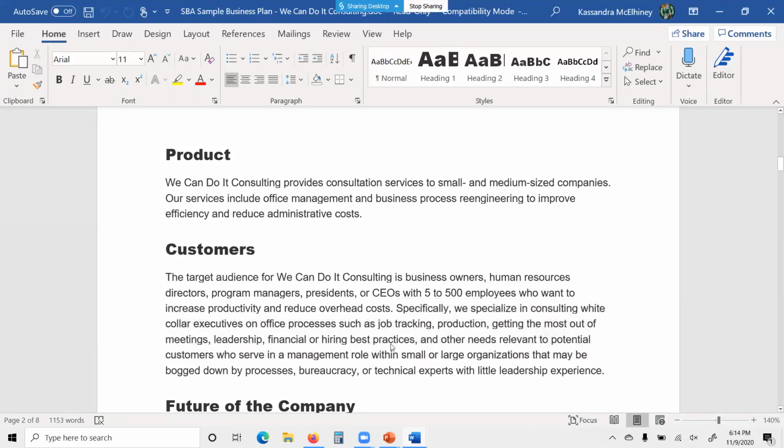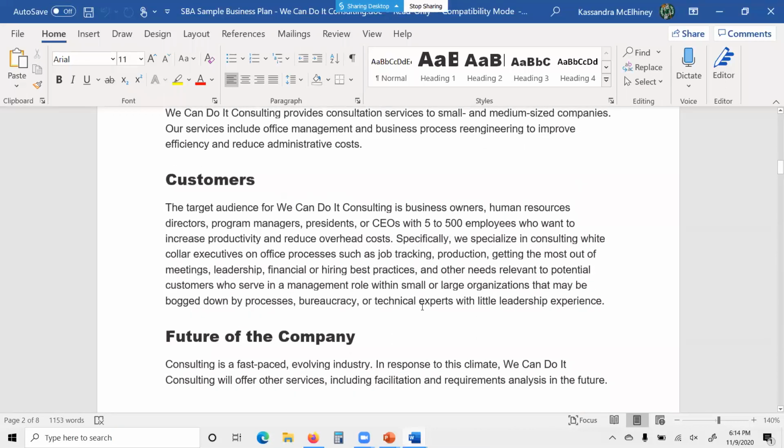It is typically more in the human resources realm. So that is the customer, that is their target audience: companies who need consulting from a human resources perspective.